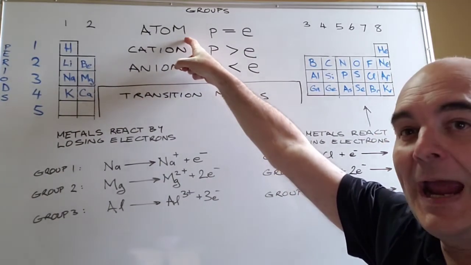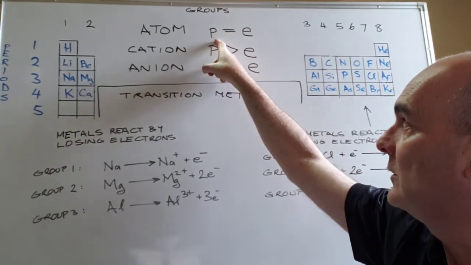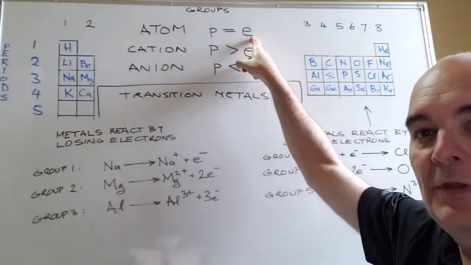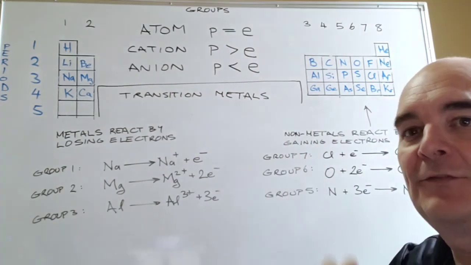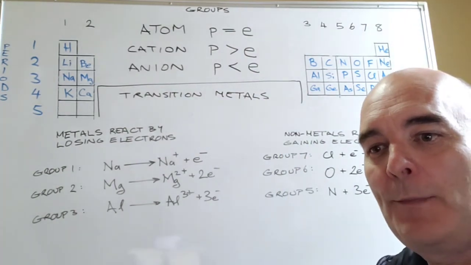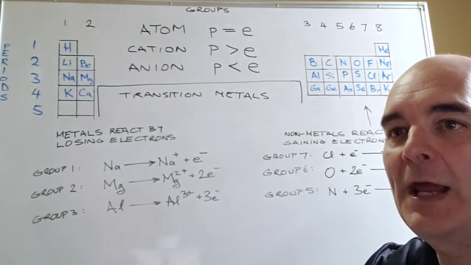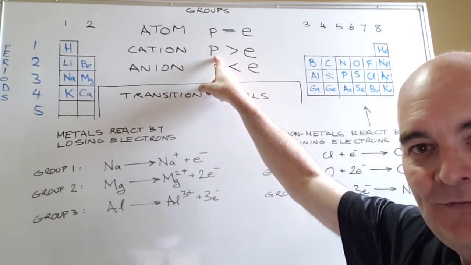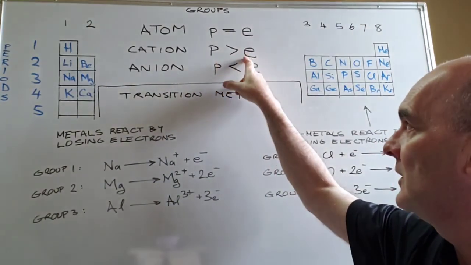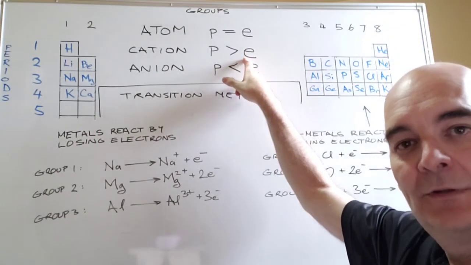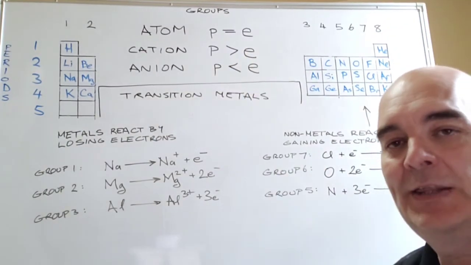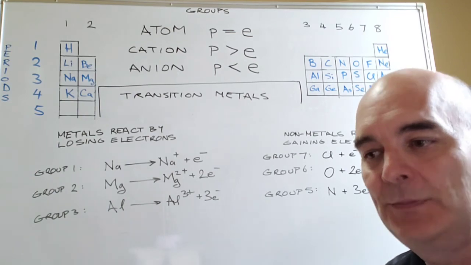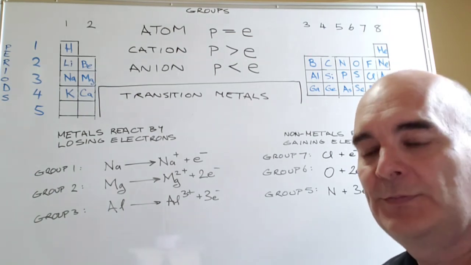Remember, for an atom, the number of protons is equal to the number of electrons. If we've just allowed our metal to give an electron away, now the number of protons, positive things, is larger than the number of electrons, negative things, inside the atom. And so our atom, now called an ion, is positive.